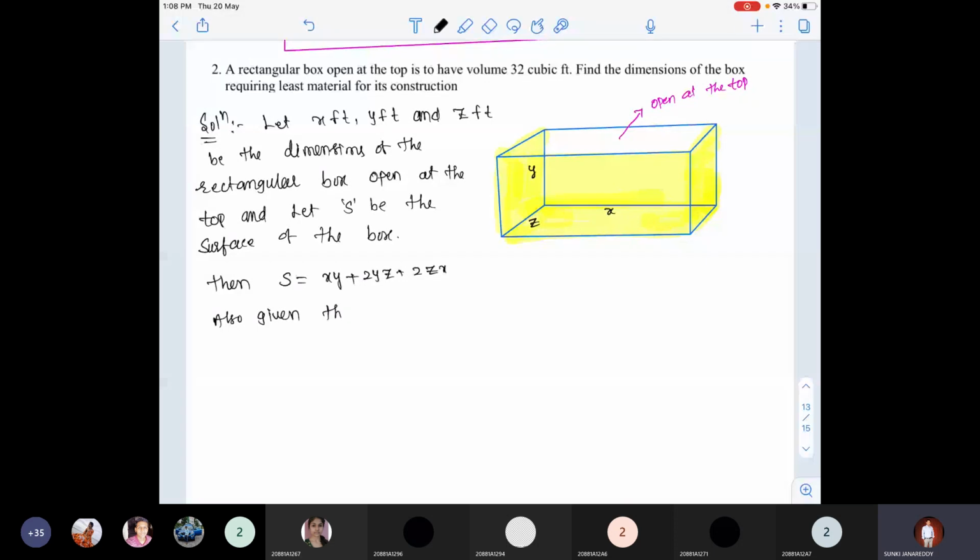Now given that the volume of the box is 32 cubic feet, that is, xyz is equal to 32. Take this as equation number 1.